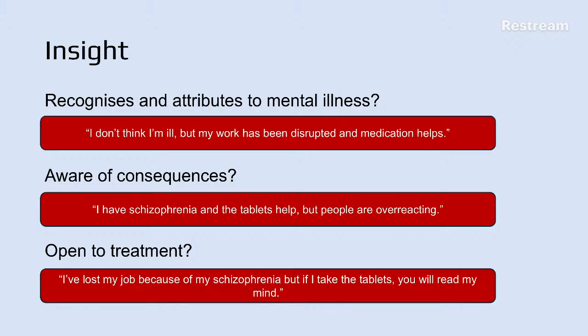So, I have schizophrenia and the tablets help, but people are overreacting. And the last one is someone who recognizes they have a mental illness, is aware of the consequences, but doesn't want treatment. So, I've lost my job because of my schizophrenia, but if I take the tablets, you will read my mind. So hopefully these examples illustrate that you can have one or more of these components without having all of them. So you can have partial insight as well.